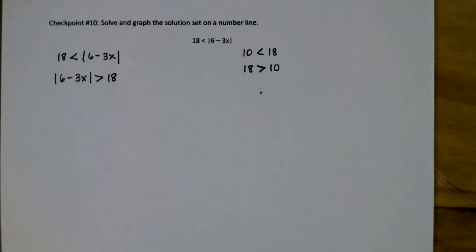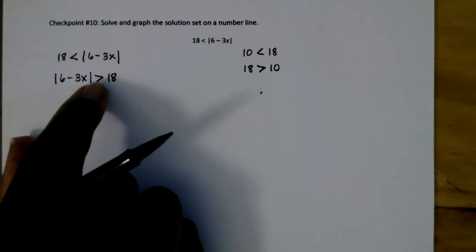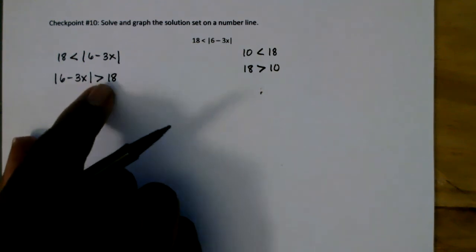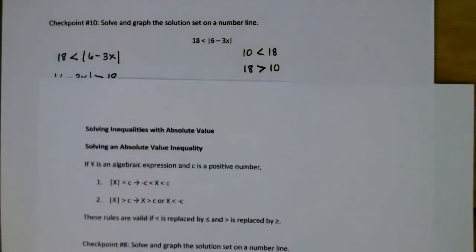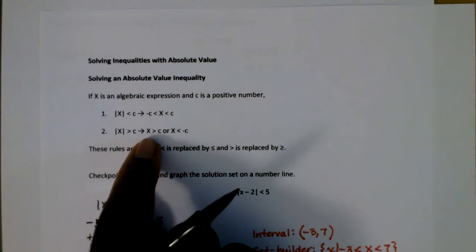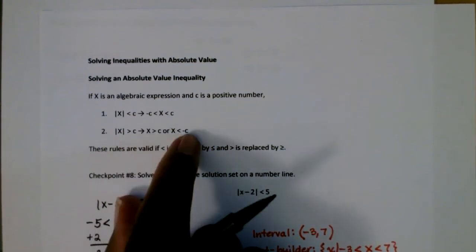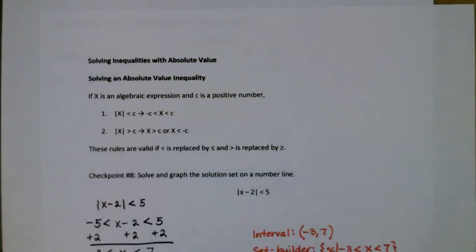Now the absolute value is by itself, but let's look at our inequality symbol. This time it's greater than. So with greater than, it's a case 2 situation. This means I need to write this as 2 separate inequalities.